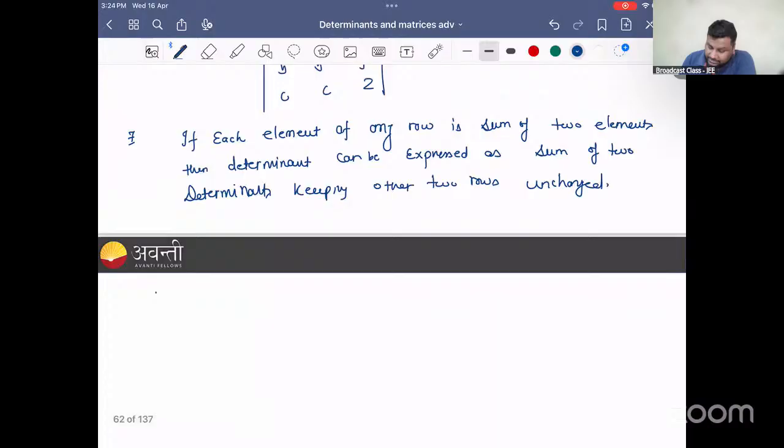That means if we have a determinant like a plus x, b plus y, c plus z, L, M, N, say PQR.